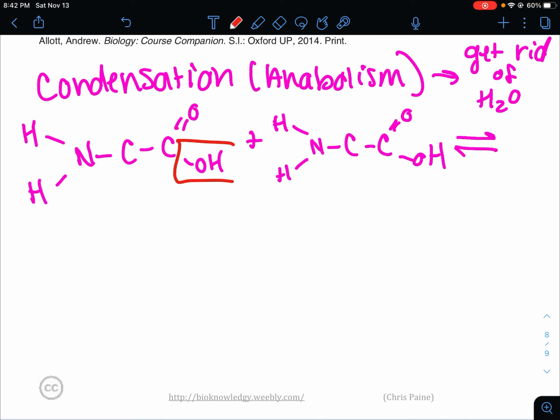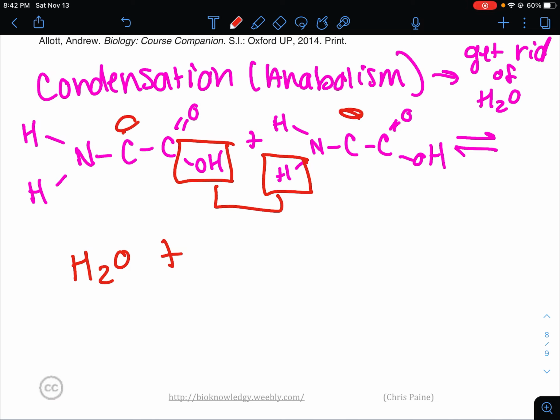And then what happens is this OH and this hydrogen, they are going to come together to create water. So these two leave these molecules right here. They leave them to create water right here. And then what you're left with is these 2 amino acids, but they have that energy connected to them, so they still want to bond to each other.